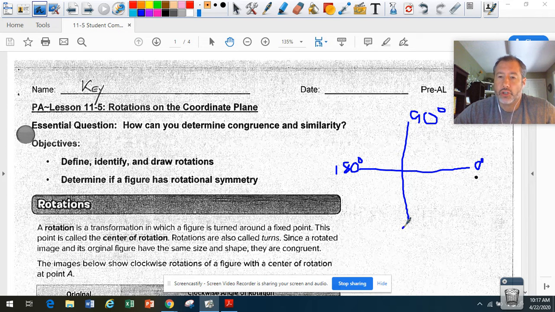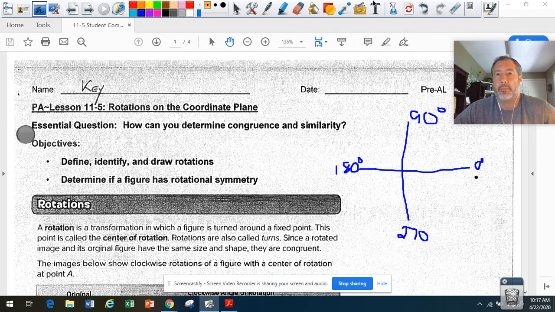And this takes us to 270 degrees, if we are going counterclockwise. Now, if we're going clockwise, that means 90 degrees is down here, 180 degrees is right here, and still 180 degrees here, no matter which way you go. And then our 270 degrees is up here when we are going clockwise here.